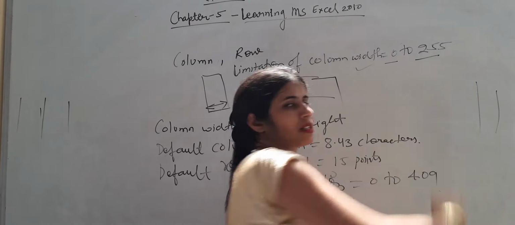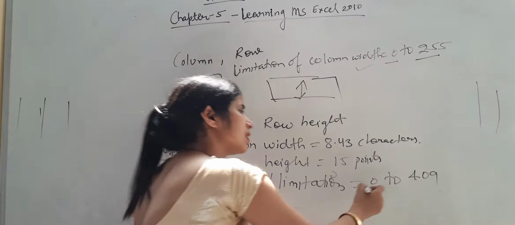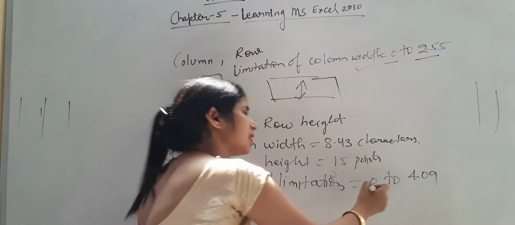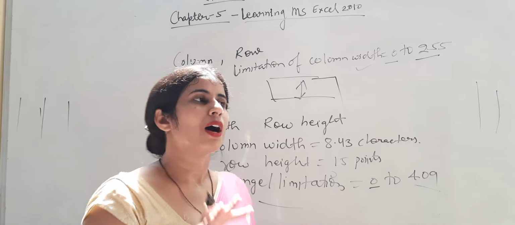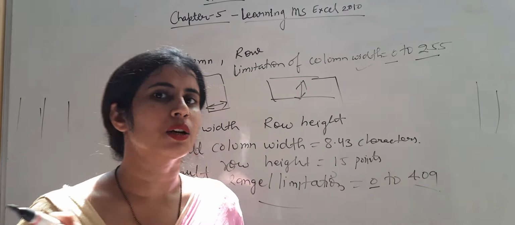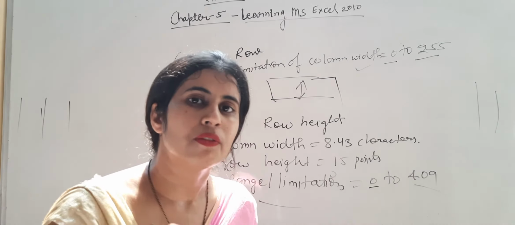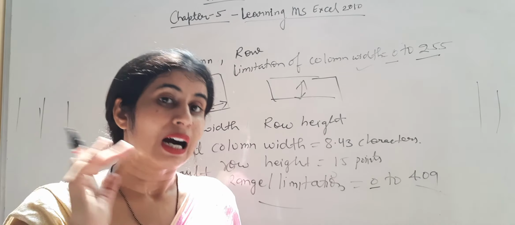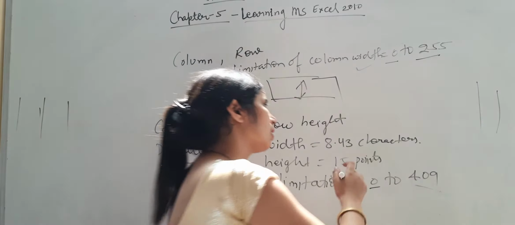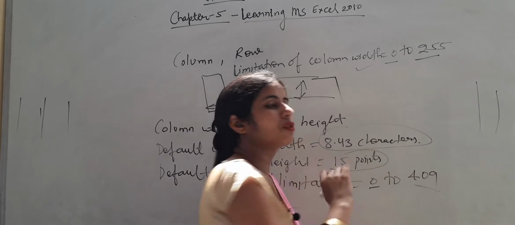For the row height, 0 is the lowest and 409 is the highest. So here we talked about two things: the range of column width and row height, and the default values of column width and row height. Now other than this, suppose it is the default one and I want to change it.